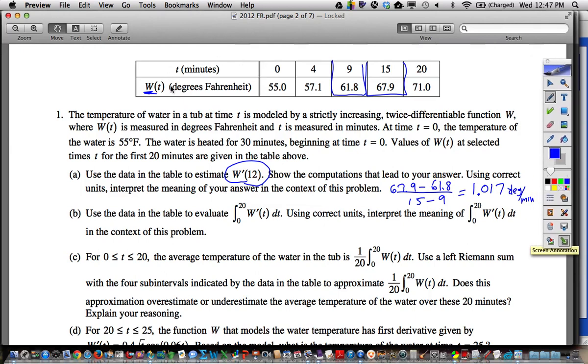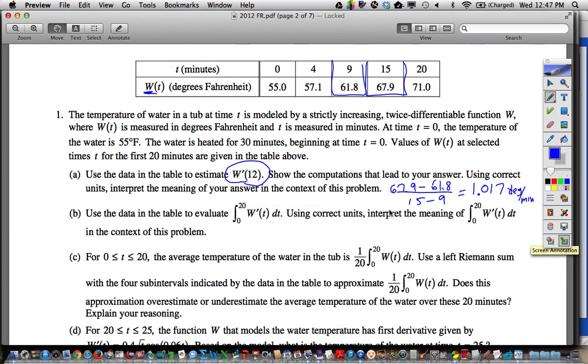W on top was degrees, minutes on the bottom. Use correct units and interpret the meaning. So what would you say? At 12 minutes, very key to get that in there, the temperature is increasing, because it's positive, at a rate of 1.017 degrees per minute.